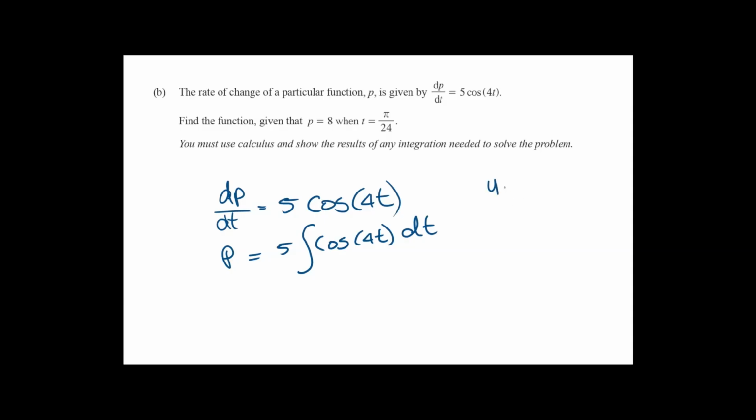Let u equal 4t, so du/dt is 4, therefore du equals 4 dt, so we have to take this 4. So it's going to be 5 over 4 cos of u du.